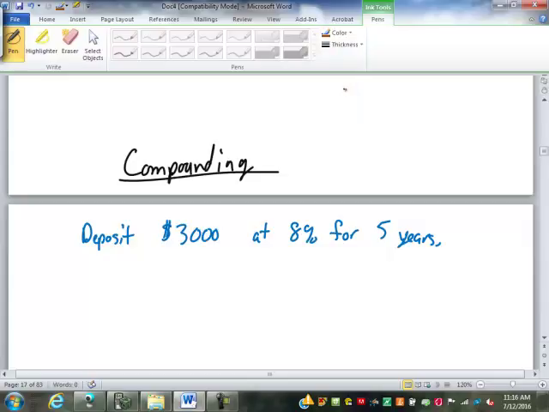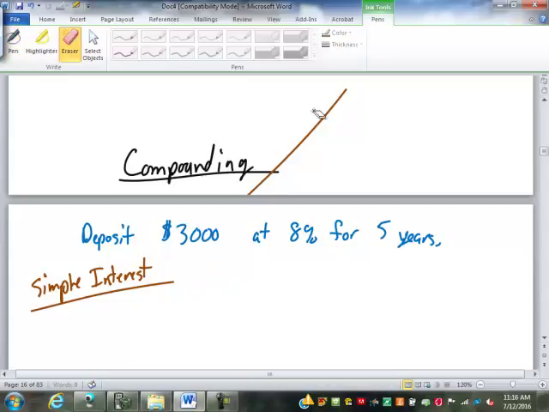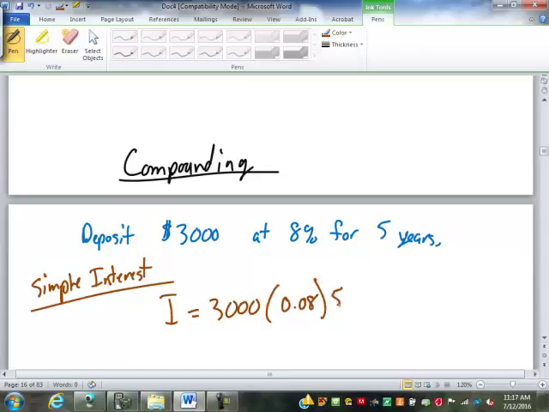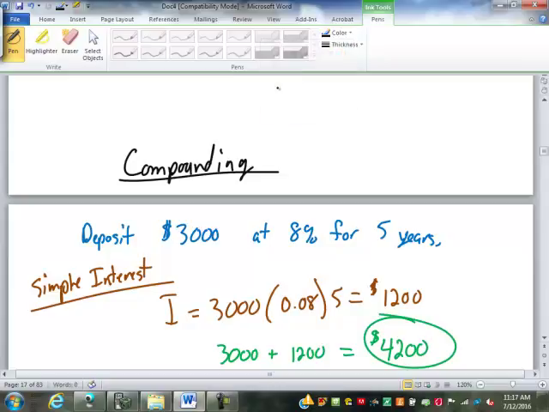If we did simple interest, assuming you didn't add any money or withdraw any money, the amount of interest earned is going to be just 3,000 times 0.08 times 5, which is $1,200 in interest. Which means at the end of the 5 years, you have 3,000 plus 1,200, so $4,200. That's what you have. But that's simple interest.